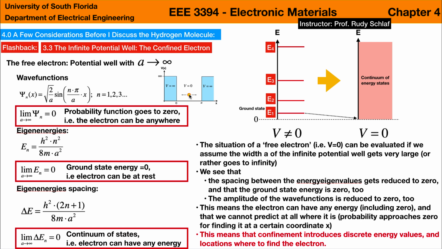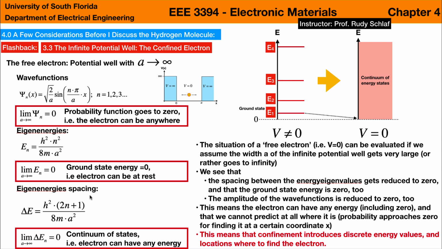And what we found here is that when a gets really large, when we look at the formula here, we see that the ground state energy is 0 now, right? So we go from this minimum energy that an electron has to have in an atom to 0 that it can have in free space. That means it can be at rest, essentially.